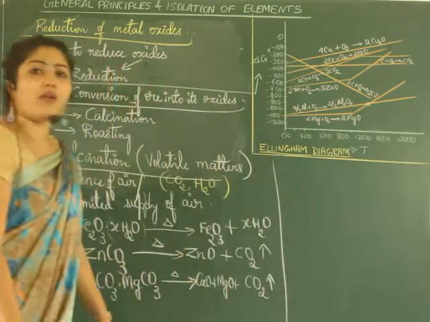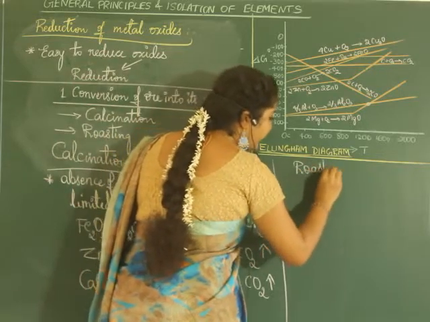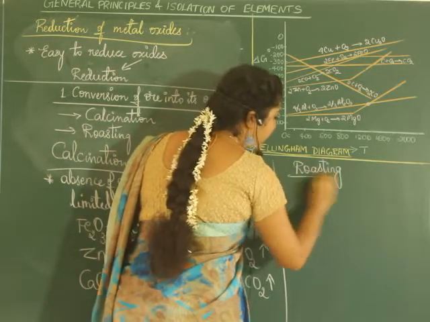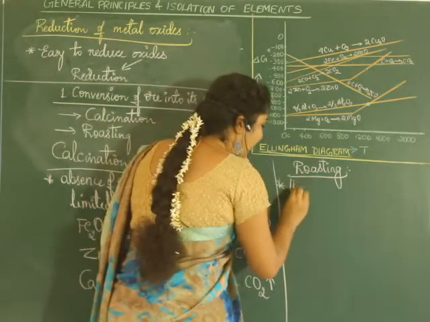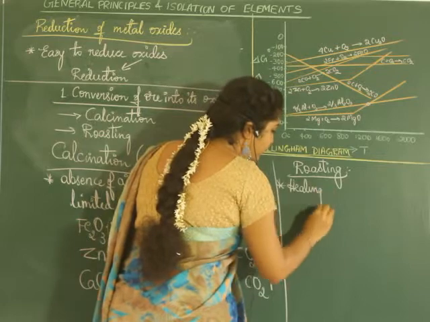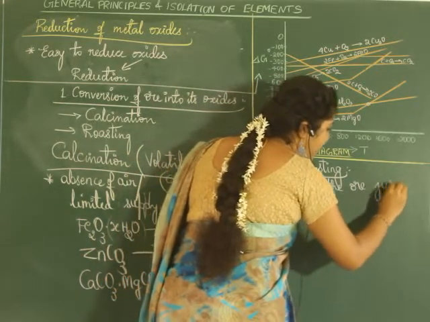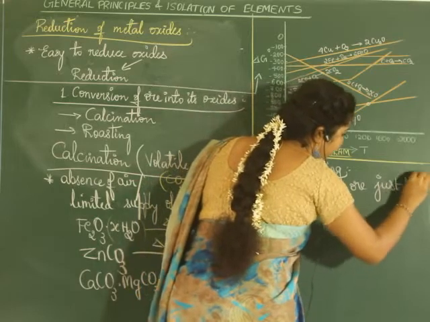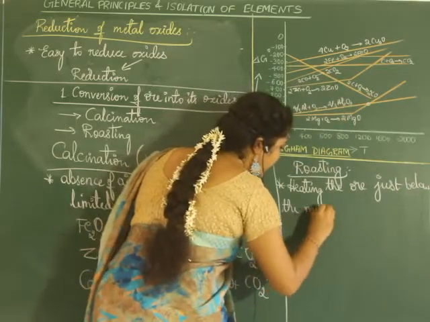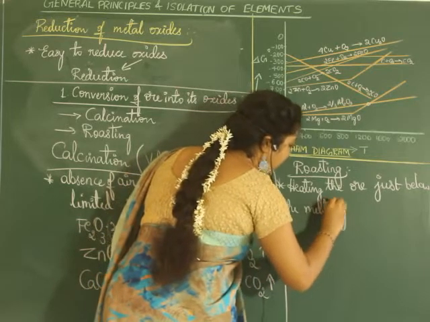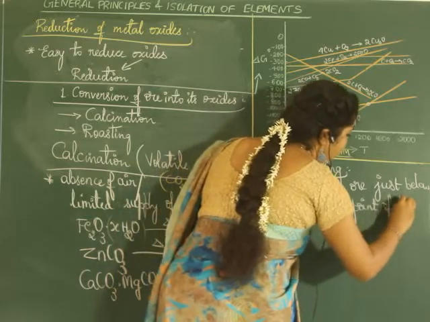Now let us see about roasting. Roasting is the process of heating the ore just below the melting point of the metal.